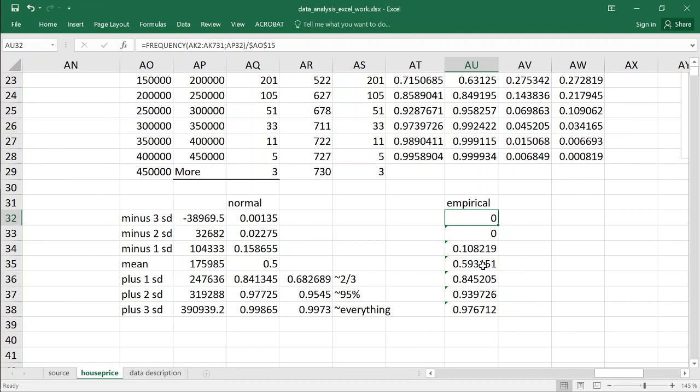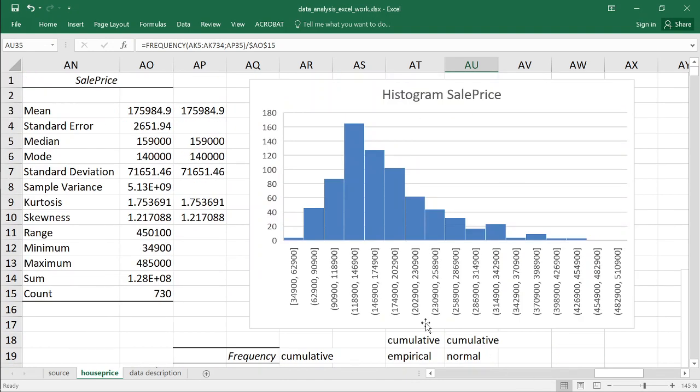We see that the probability empirically to find values below the mean is much higher than the 50% based on a normal distribution. So we have almost 60% below the mean. And this coincides with the fact that the mean is above the median.